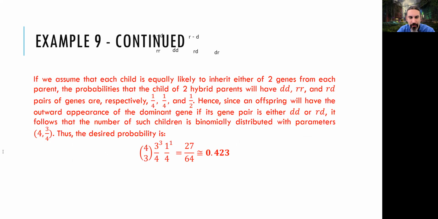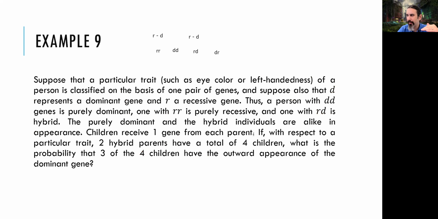We're done. So knowing how to use that story and get those important values, the number of trials, the number of successes we are looking for, and the success rate, those three, is the most important part, especially for binomial random variables.